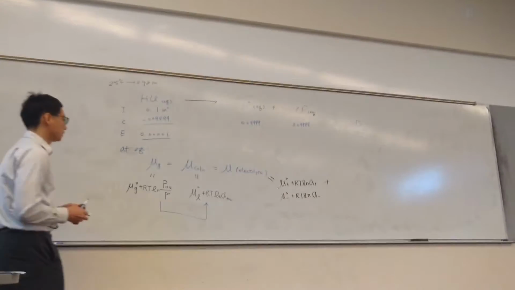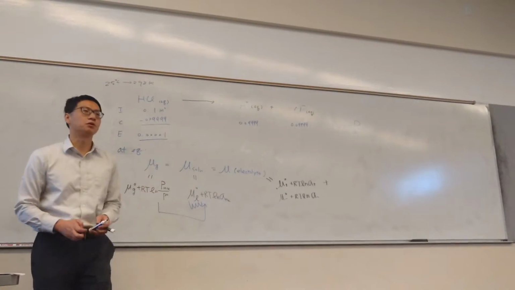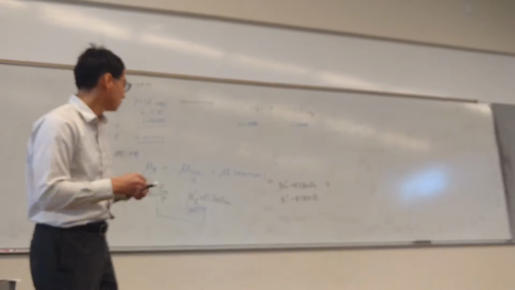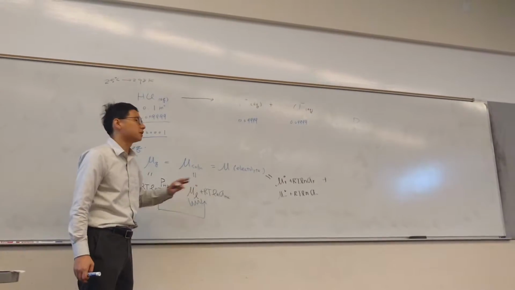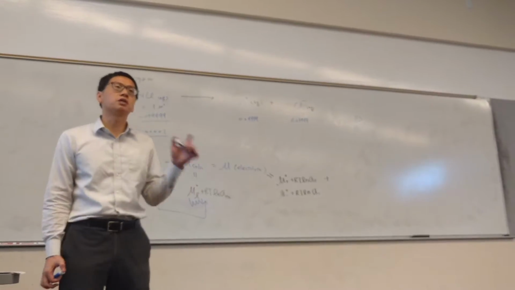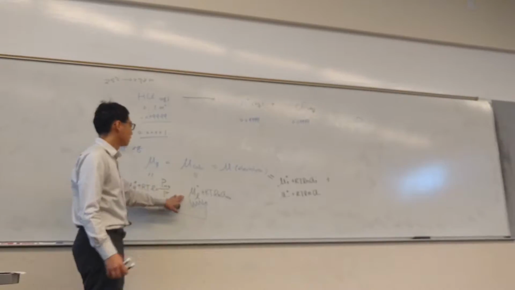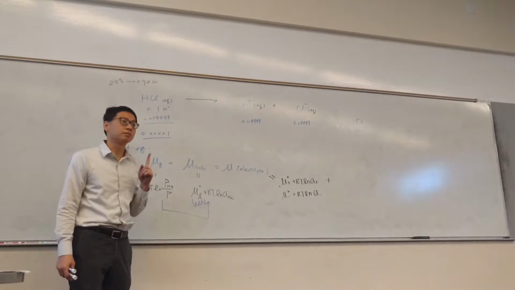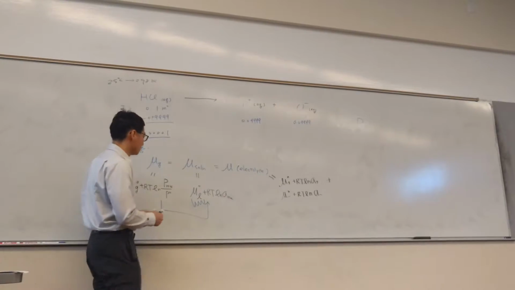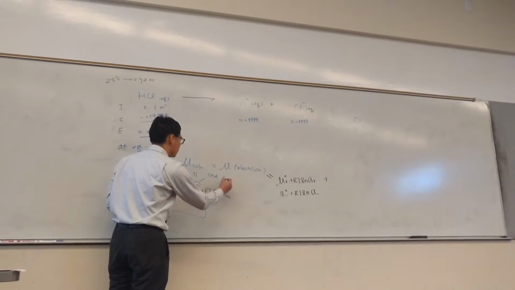The reason is this one is not attainable. If you want to measure mu_liquid naught, that means inside your solution the concentration of your HCl needs to equal 1, since that's what the naught means. It's at the standard condition.